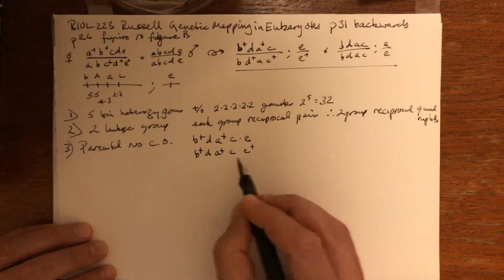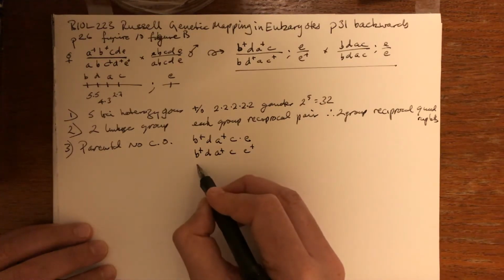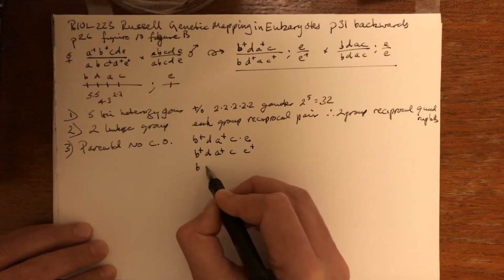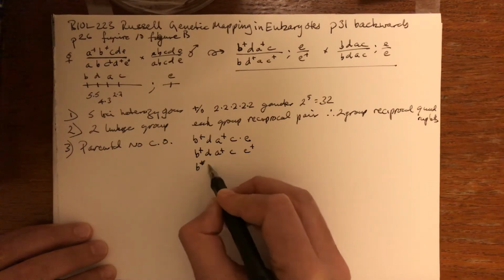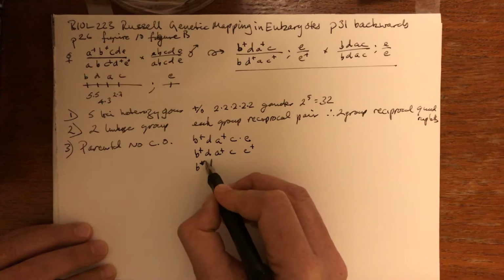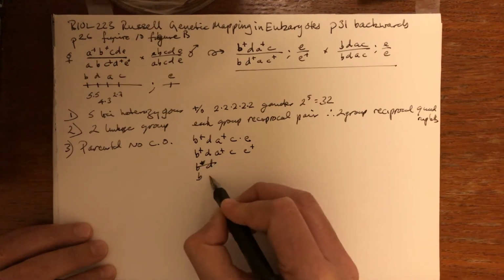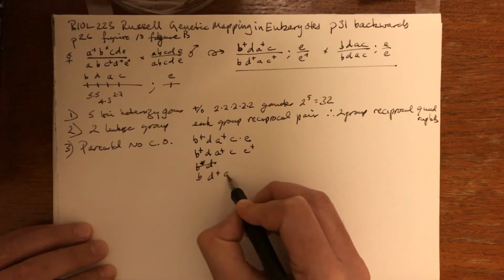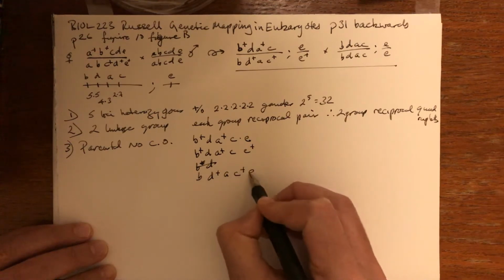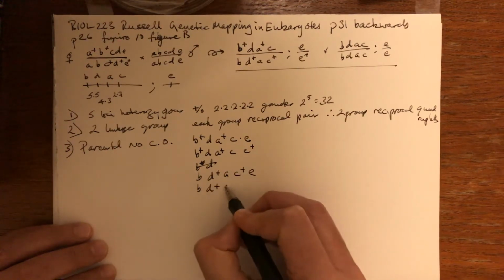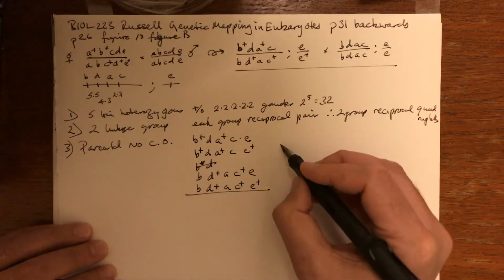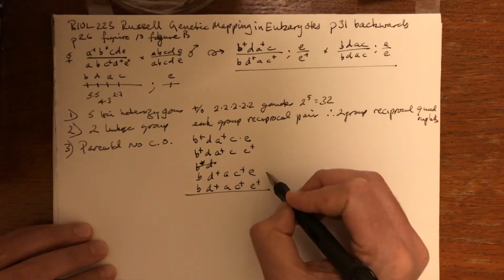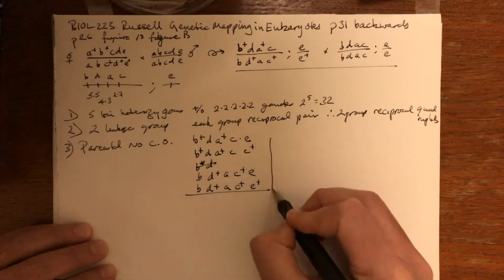Those are not reciprocal except at E. And we will have the reciprocal pair: B, D plus A, C plus E, and B, D plus A, C plus E plus. So we will have a reciprocal quadruplet of 4 for parental.